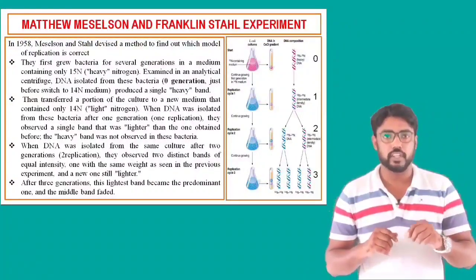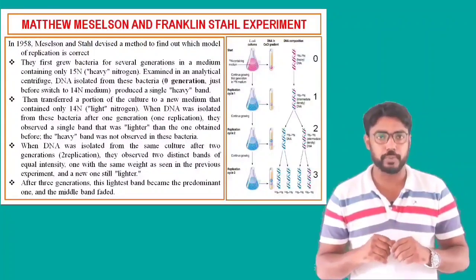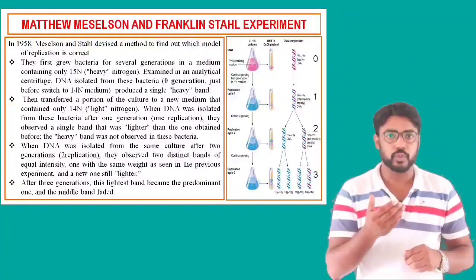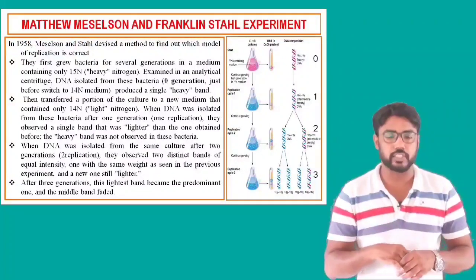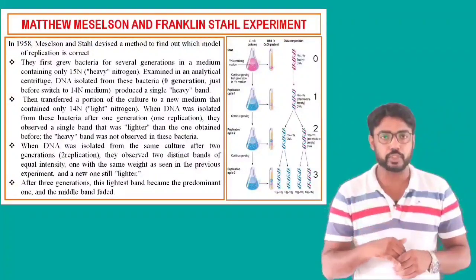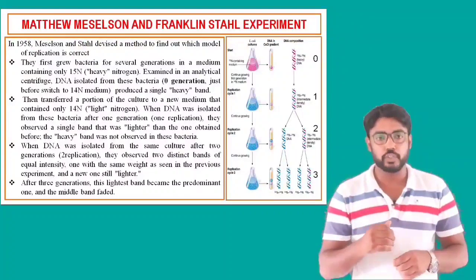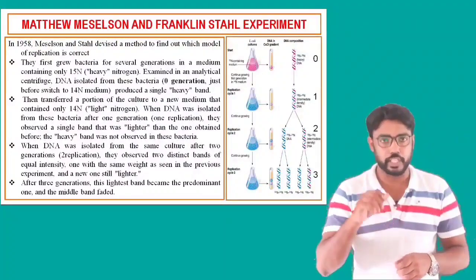This was the first generation experiment, and they allowed this bacteria to proceed to the second generation. After the second generation, the bacteria had undergone two replications in N14 medium.